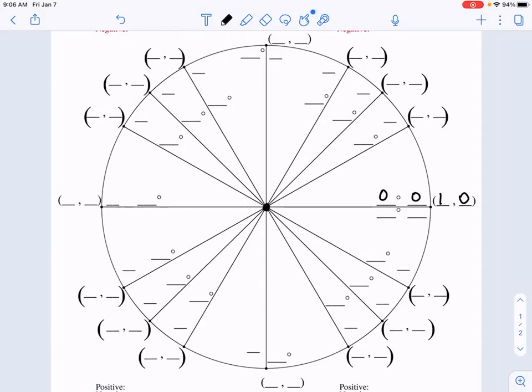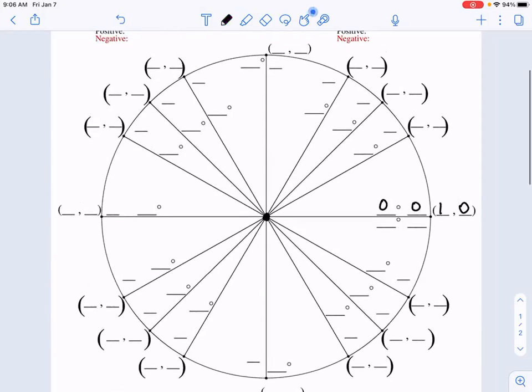But when we rotate to 90 degrees, AKA pi over 2, if our radius is 1 and here's 0, 0, then we travel up to this coordinate, and what would it be? 0, 1.